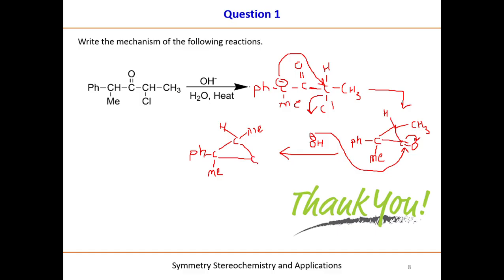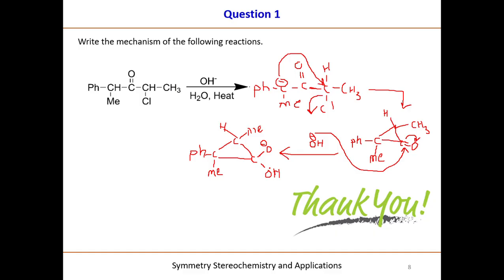Here what will happen now? The C-O bond, negative charge will generate over here, and OH will attack on this carbon atom, so we will get OH. Okay, OH. Now what's the next step?